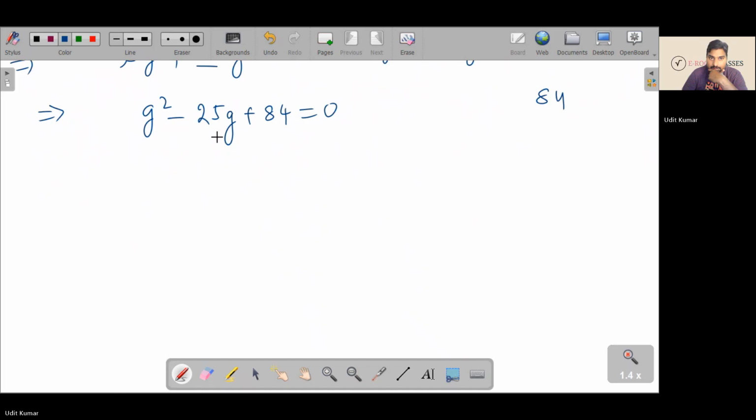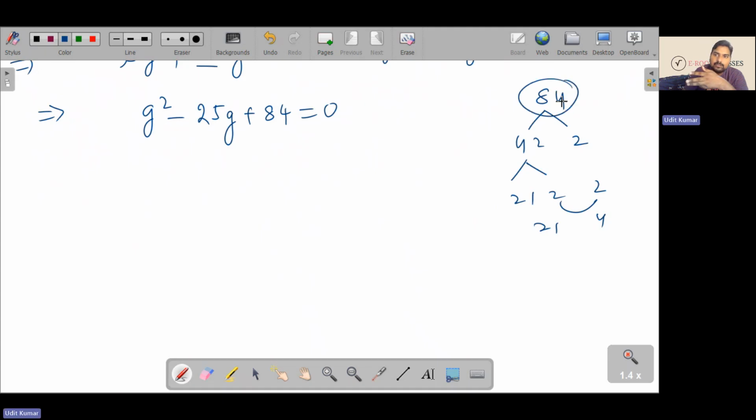So what I can do, 84 can be taken as 42 and 2. This can be written as 21, 2, 2. So 2 and 2, 4 and 21. Yes. So 21 plus 4 can give me 25.